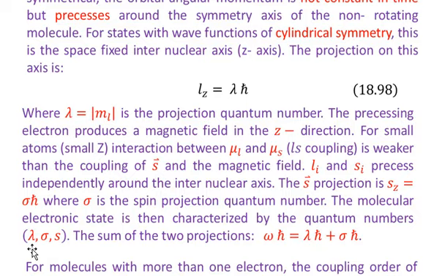Lambda is the projection of the orbital angular momentum on the z-axis, sigma is the projection of the spin angular momentum on the z-axis, and S is the spin quantum number. The sum of the two projections, omega h bar, will be equal to lambda times h bar plus sigma times h bar. The sum of these two quantities gives you the total projection quantum number omega. This omega will also be explained with some figures in the next slide.